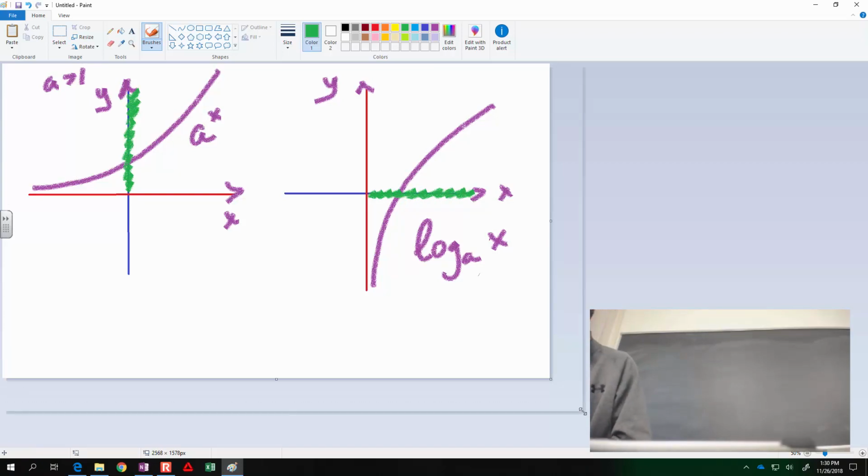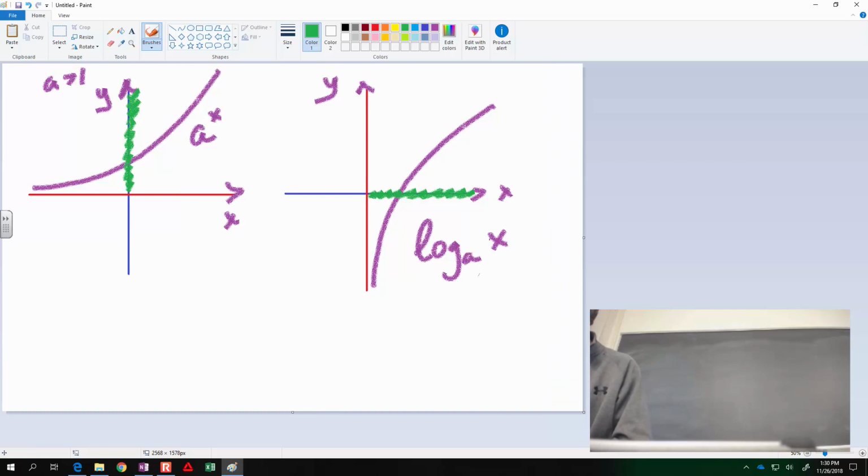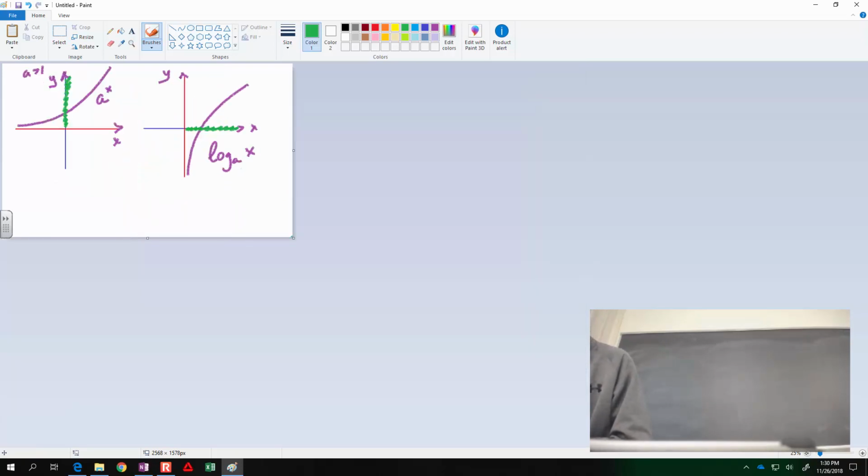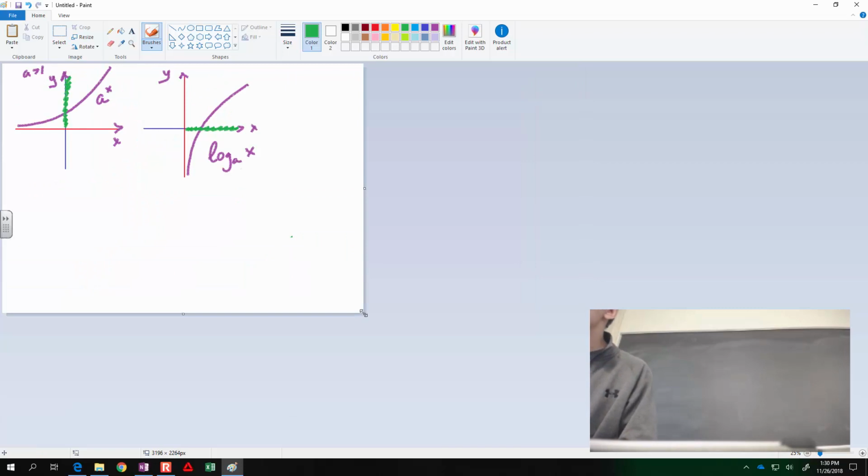Okay, so the inverse of the exponential decay function looks slightly different. So I'm going to do that just in case. My exponential decay function looks like this, a less than 1.